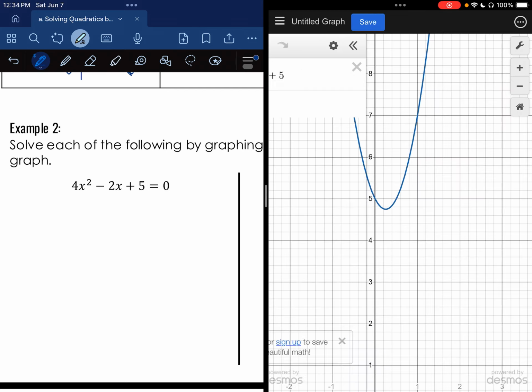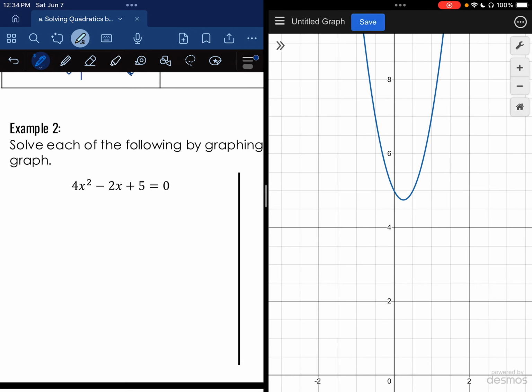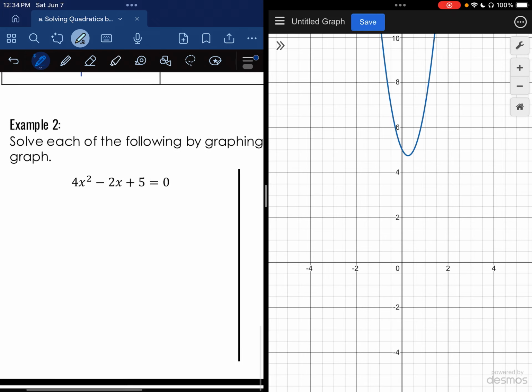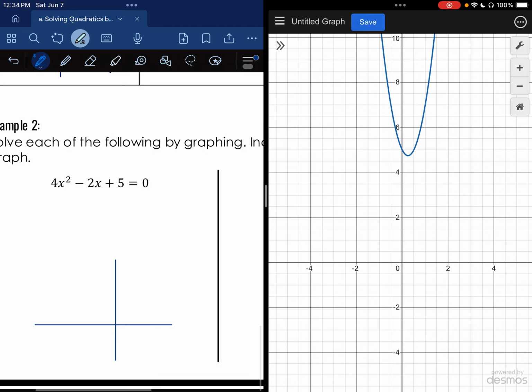All right, so this guy has, oh, where's my x-axis? No solutions. All right. Again, you can use the empty set as well.